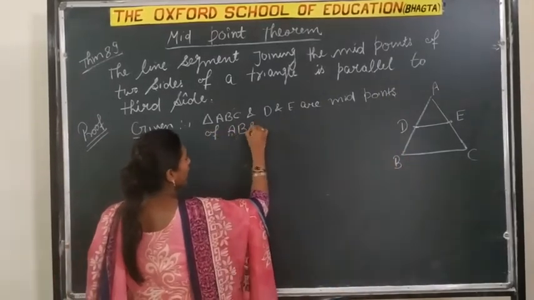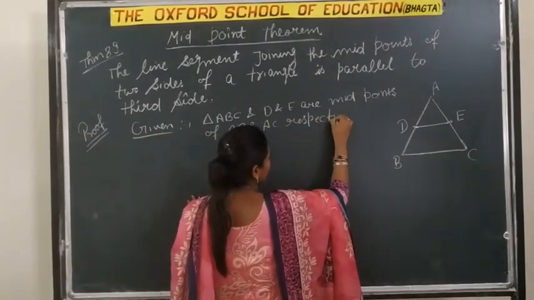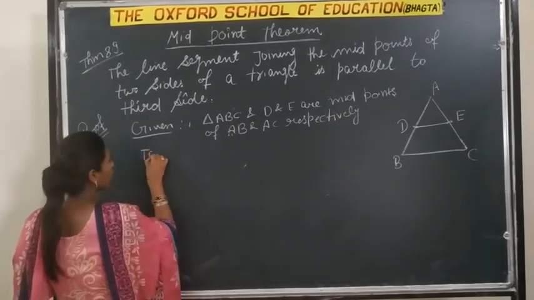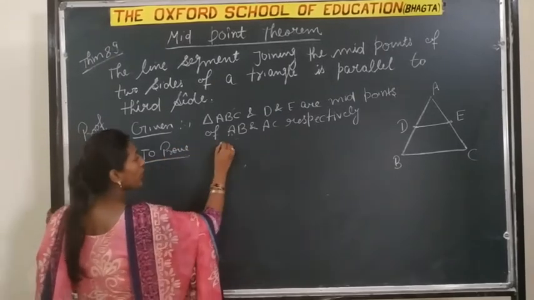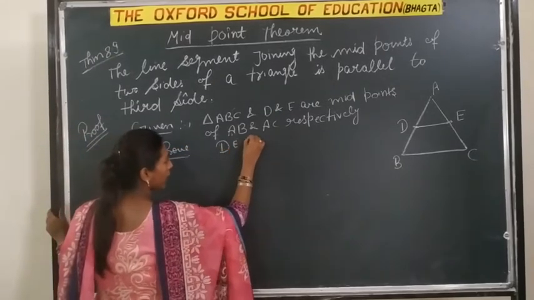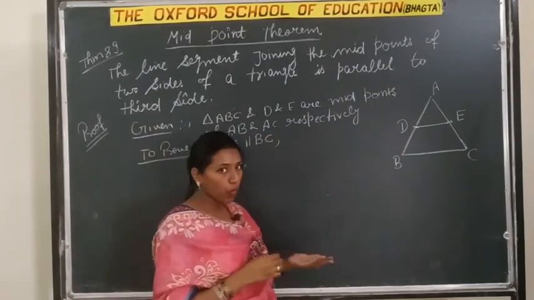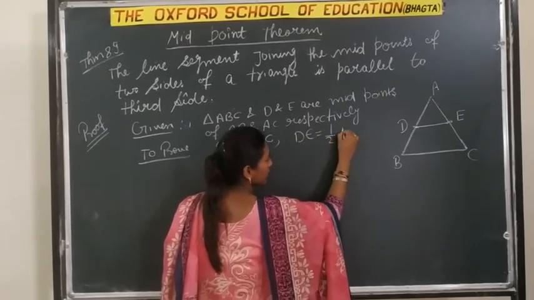Now we have to prove that DE is parallel to BC, and also one more thing, that DE is half of BC.